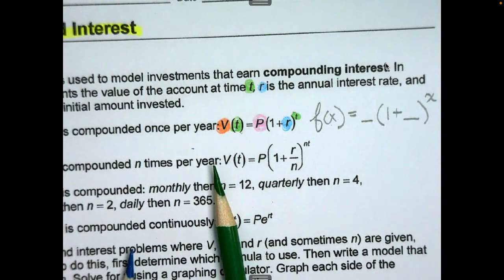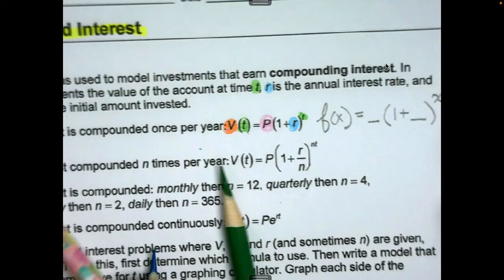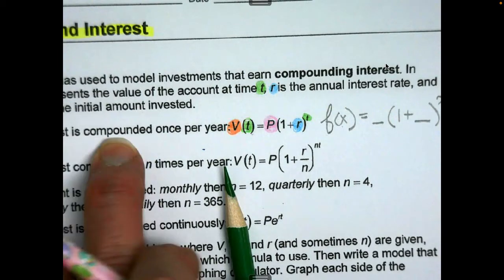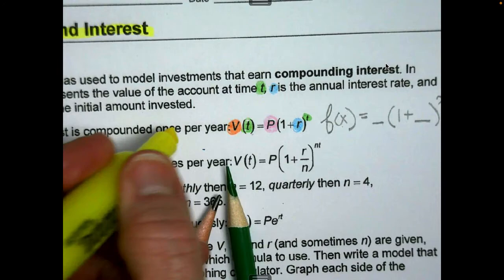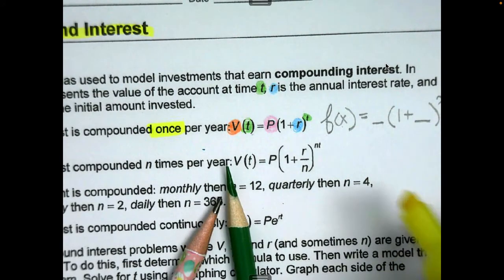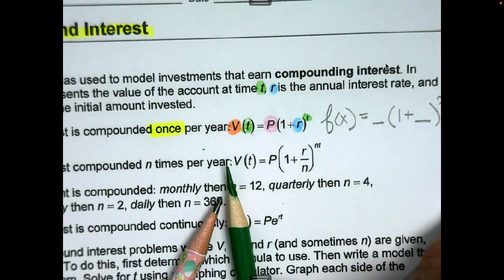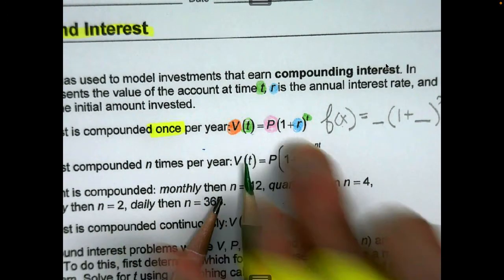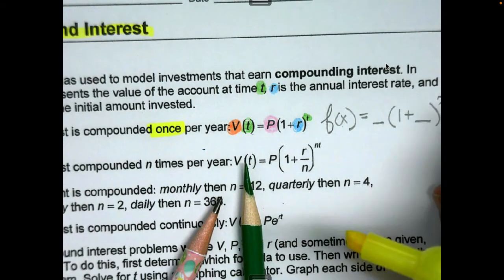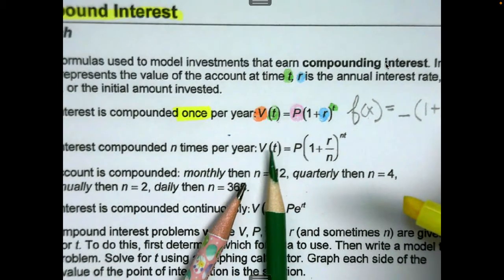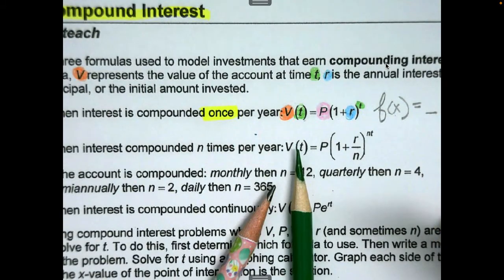The reason why there's just an x up in the corner and nothing multiplied by x is because the interest is compounded once a year. You would use this formula. So read the story. What else does it mean once? The word annual. Okay, that's another word for once.